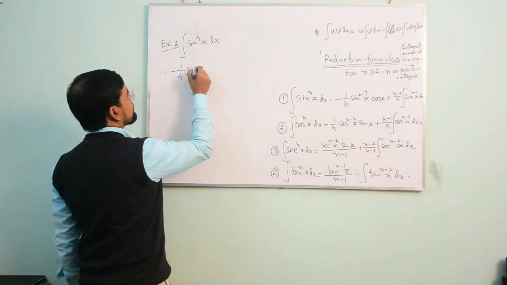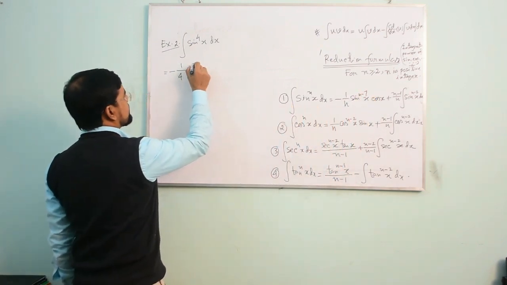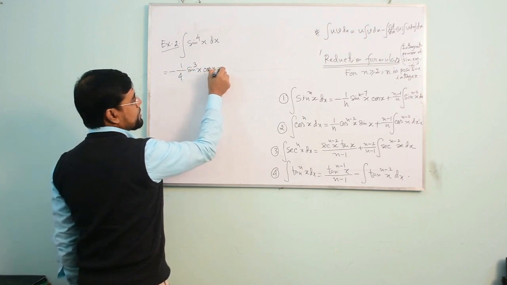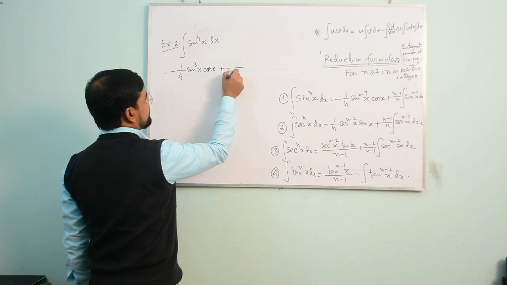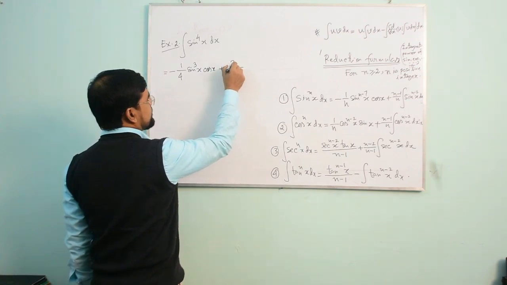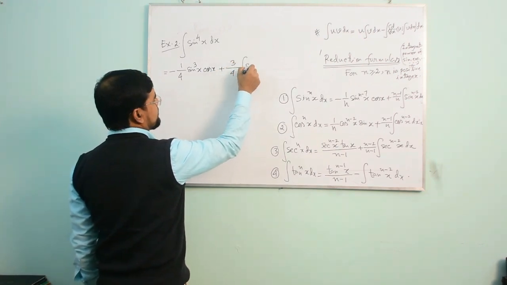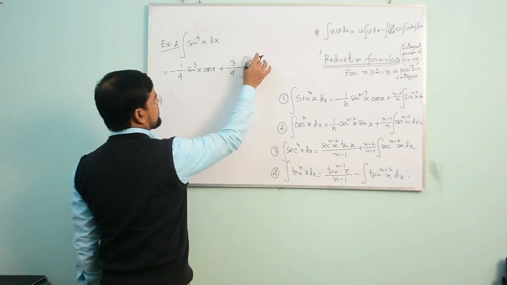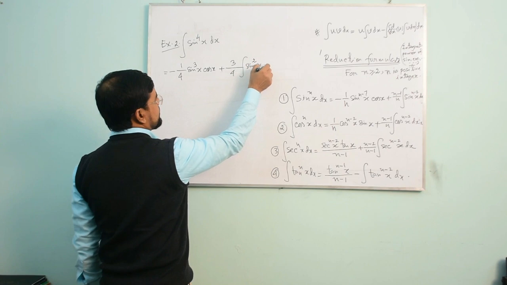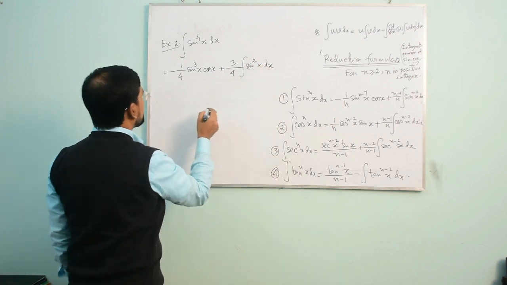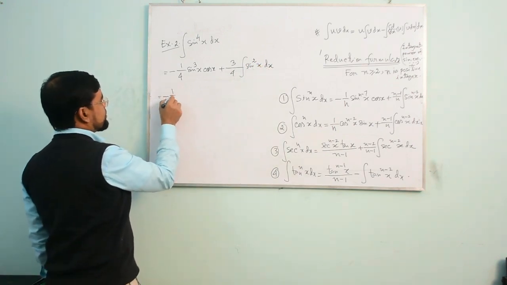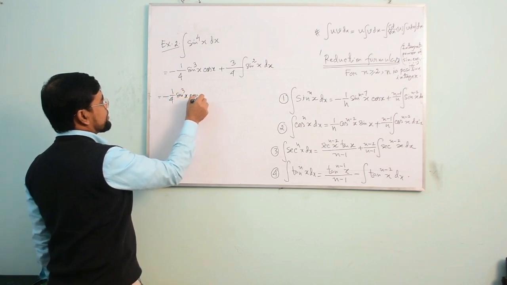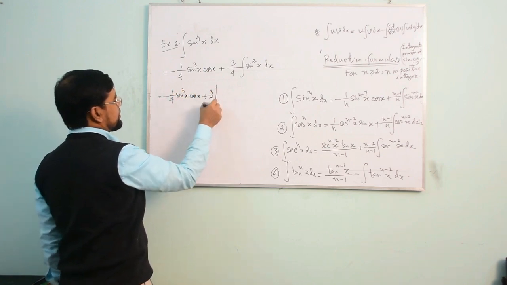So n minus 1 means 4 minus 1, therefore sine cubed x cos x plus 4 minus 1, which is 3 over 4, integration of sine to the power 4 minus 2, that is sine squared x dx, which is equal to minus 1 by 4 sine cubed x cos x plus 3 by 4.